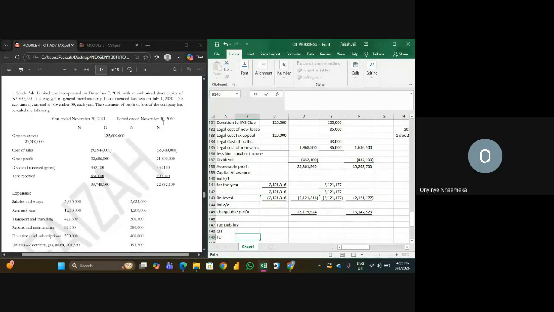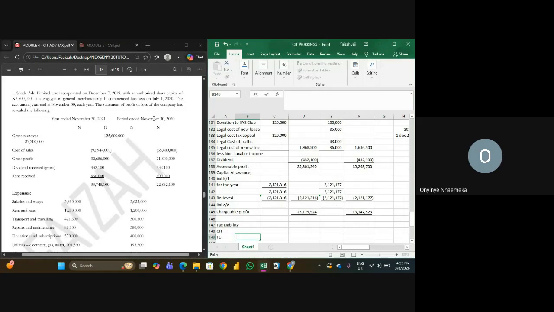So which year falls into being a large company? 2021. So 2020, is it a large company? No. What category does it fall in 2020? Medium company or small company. Medium company. As at this particular year, medium company is 25 million to 100 million turnover.